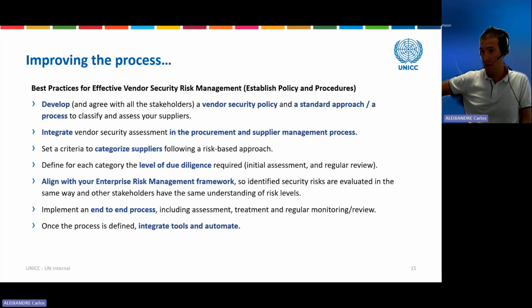We have already mentioned it, but it is key to have a categorization which is based on risk. And then based on the categorization, we do our due diligence, we do our assessment, okay? So this is something to take into account. Then we need to integrate vendor security assessment in the procurement process and supplier management process.